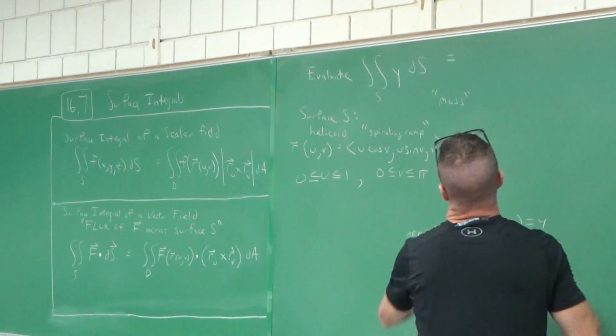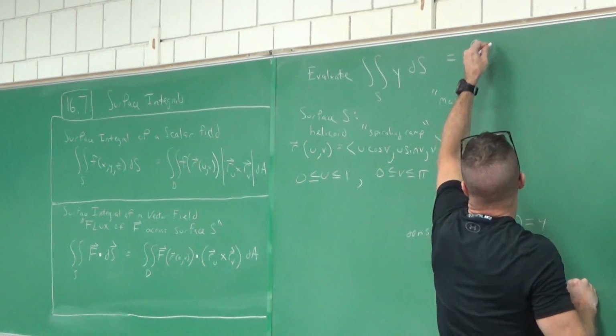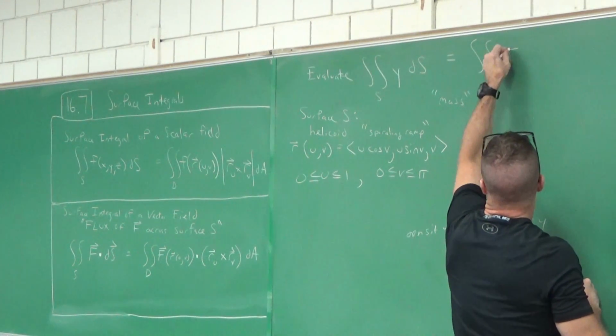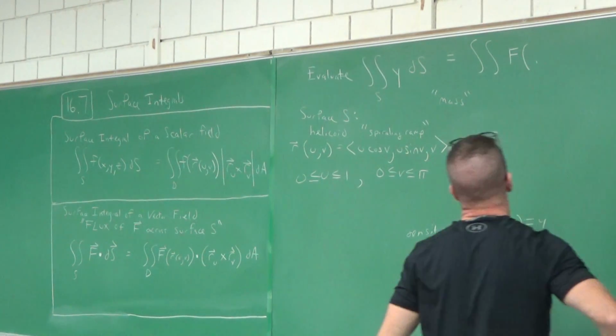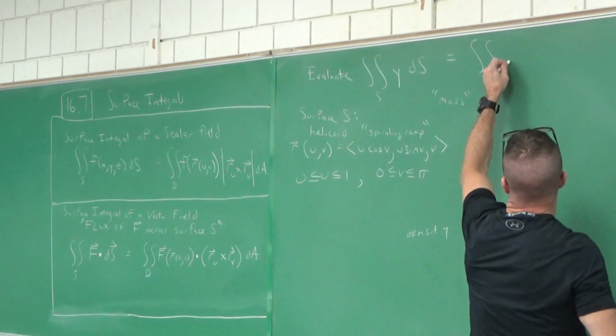Okay, well let's work this out. I have to do f composed of... It's a lowercase f because it's a scalar field. I apologize.